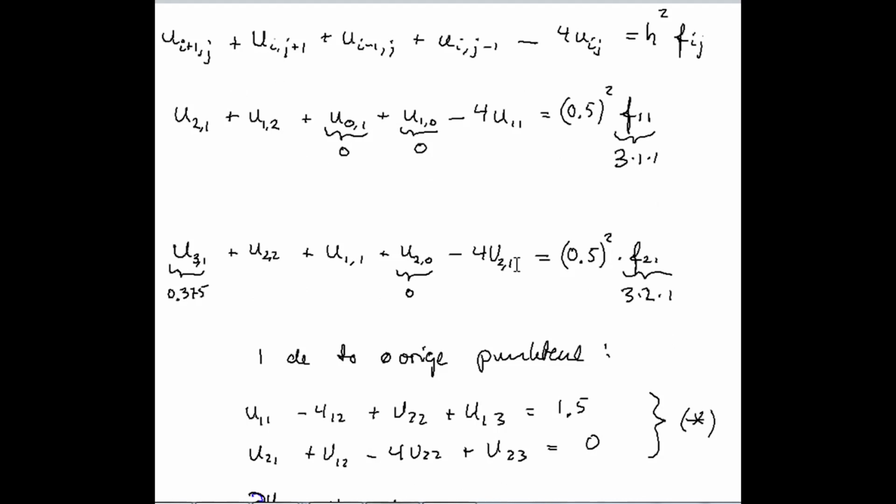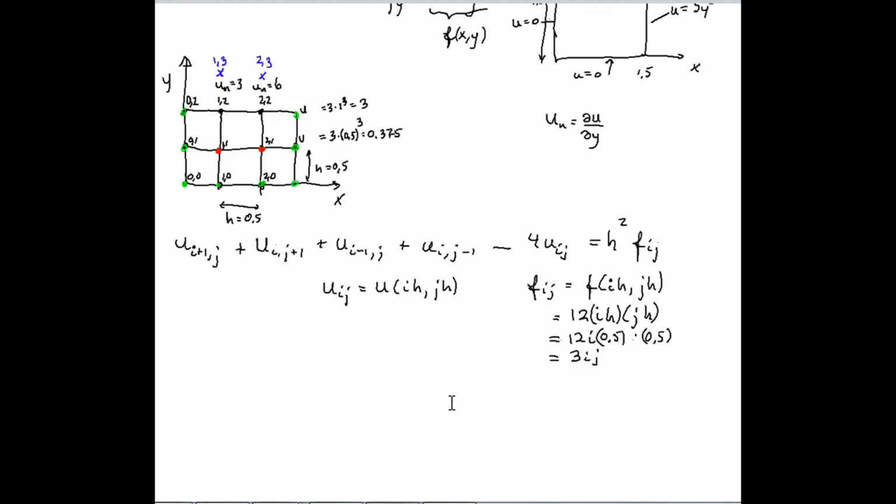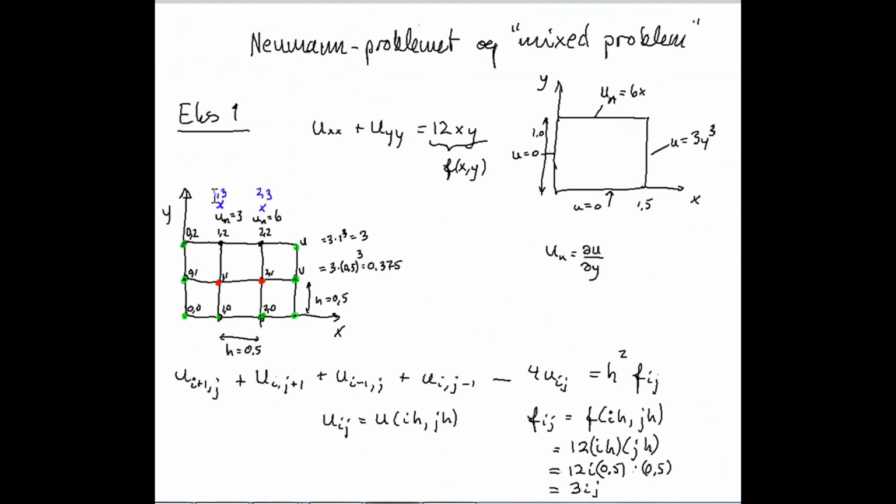What we are doing now is, since we have a Neumann condition on the upper boundary, we do the following trick. We just make a virtual point which does not exist in our problem, but let us say we call this point 1,3 and this point 2,3.